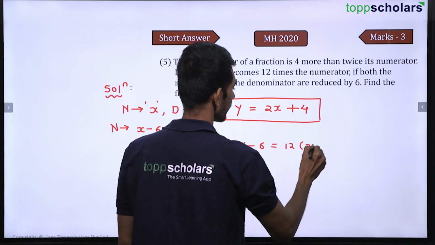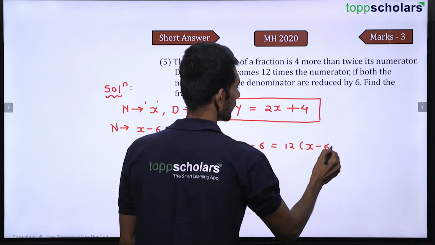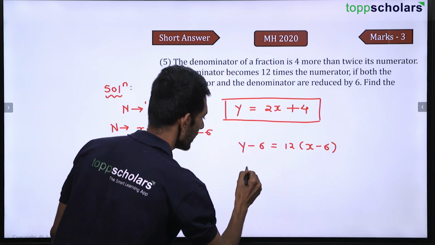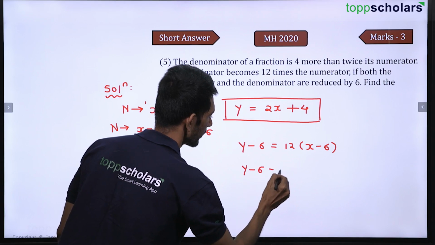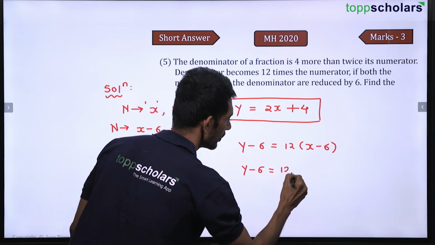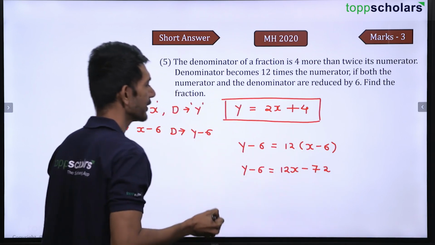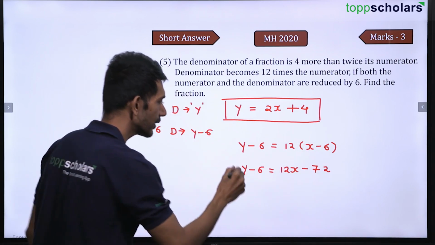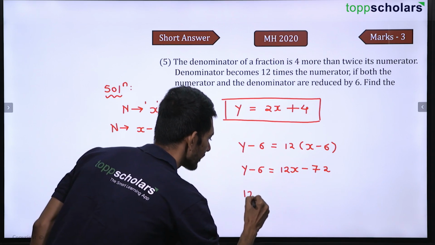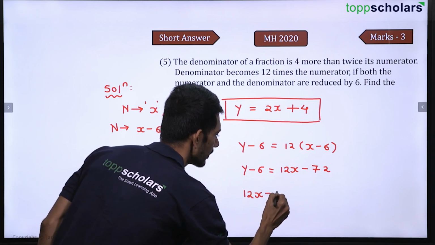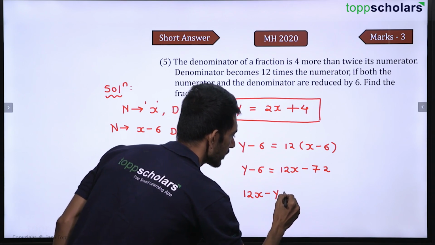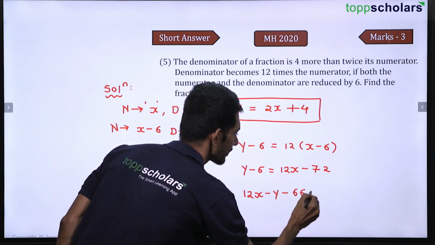So we get y minus 6 is equal to 12x minus 72, right? So further you get 12x minus y minus 66 is equal to 0.